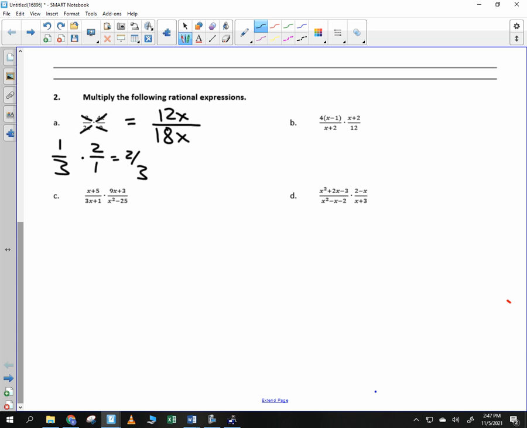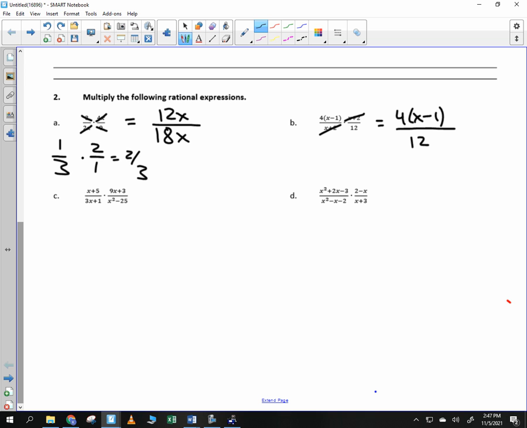So look at here. X plus 2 is not in the same spot as this x plus 2, but you can look across and recognize that those will cancel. And so we get 4 times x minus 1 over 12. Does that reduce?